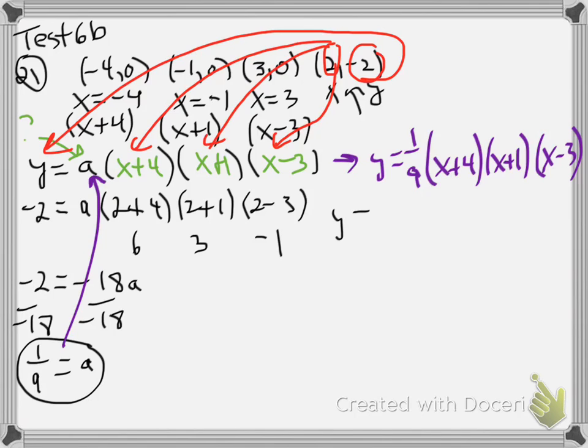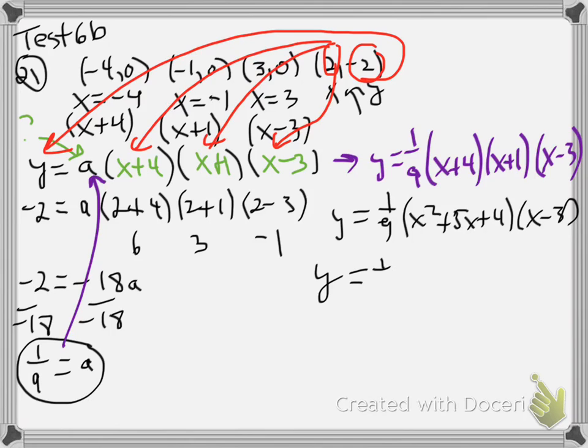You would get y equals 1/9, and I'll get x squared plus 5x plus 4 times x minus 3, and then I can FOIL that, and I'll get y equals 1/9 x cubed plus 2x squared minus 11x minus 12.